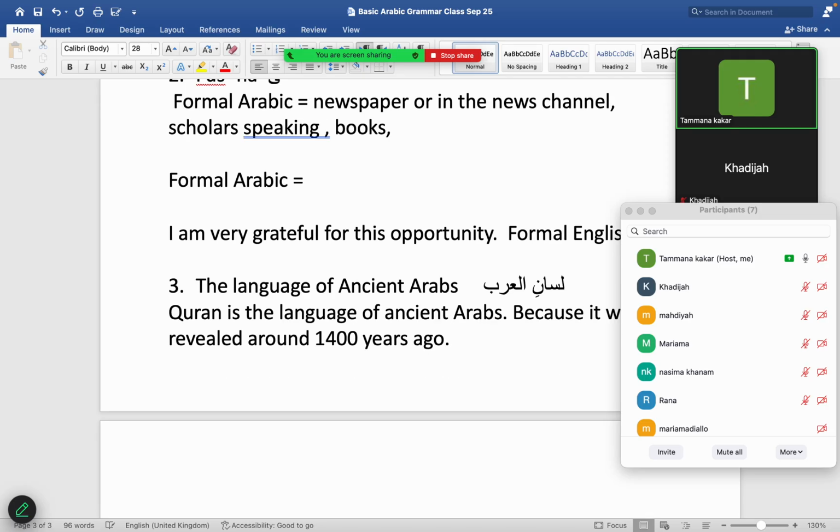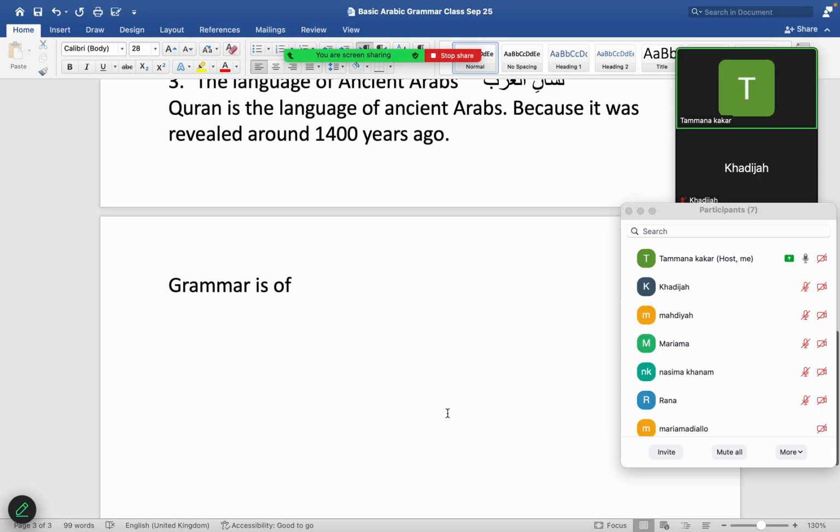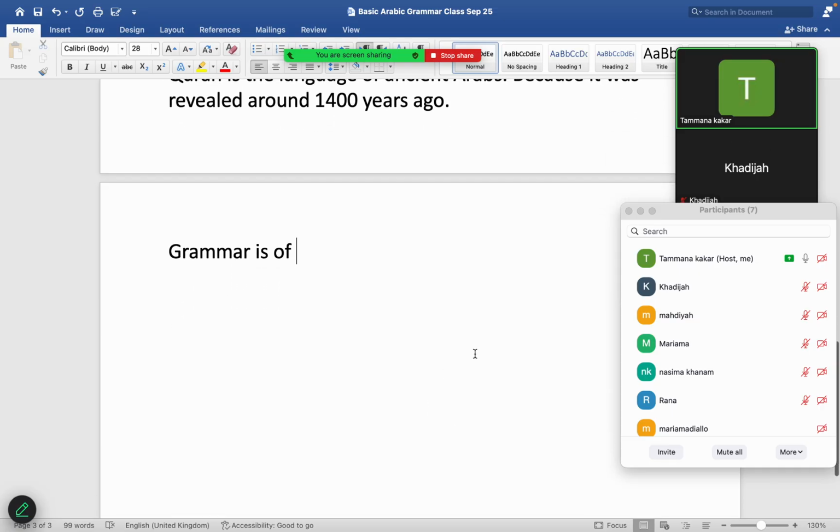We are learning Arabic. What grammar are we going to learn? Madiha sister, what grammar are we going to learn and why? The ancient Arabic. Well done. Why? Because we're learning the Quran.